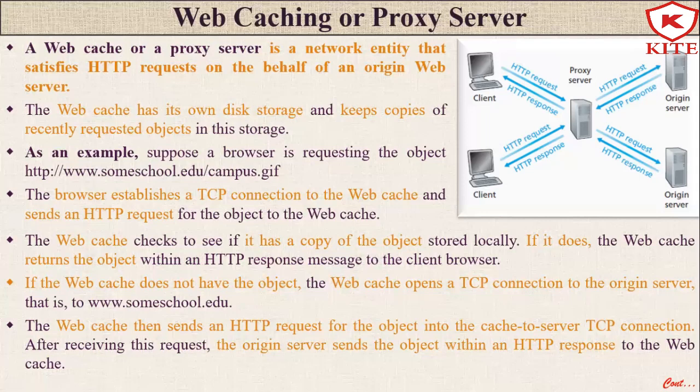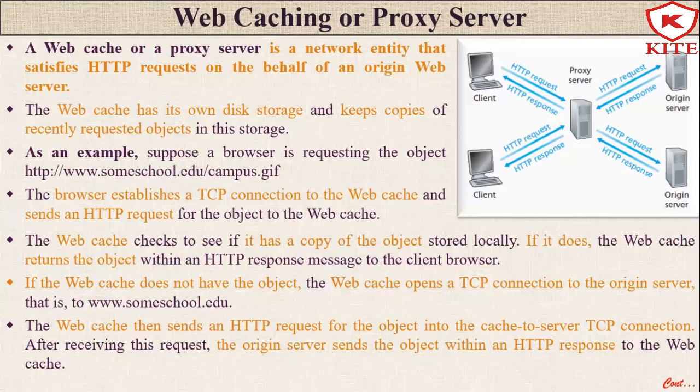A browser establishes a TCP connection to the web cache and sends an HTTP request for the object to the web cache. The web cache checks whether it has a copy of the object stored locally, and if it does, the web cache returns the object within an HTTP response message to the client browser.